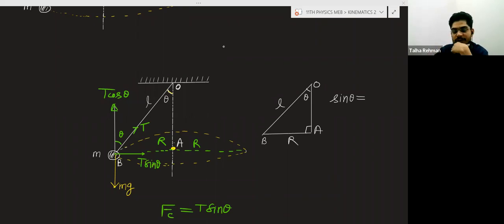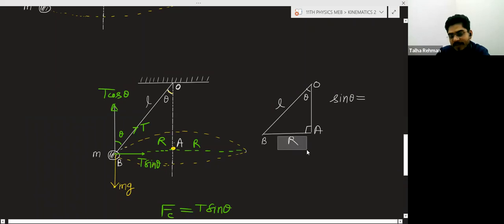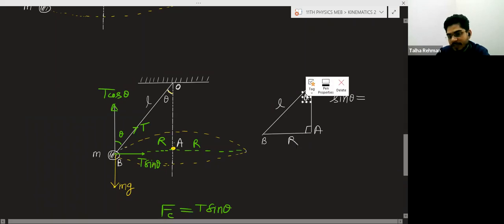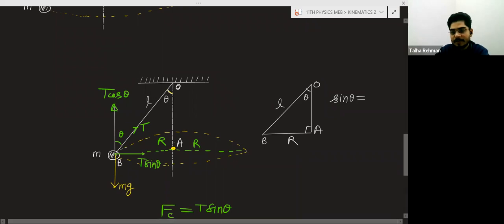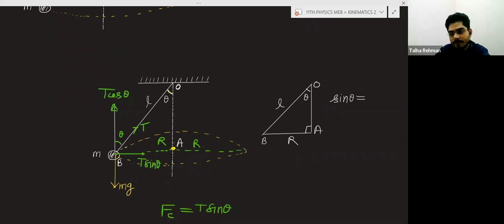Why not OA by L? Because this is theta, and opposite to theta there is the perpendicular of the triangle, and opposite to the 90-degree angle there is the hypotenuse. So sine of theta in a triangle is perpendicular divided by hypotenuse. Perpendicular is R and hypotenuse is L. So basically R is equal to L sine theta.